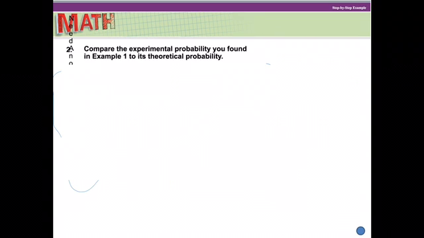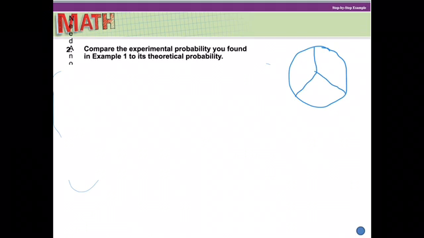So now they are asking us to compare the experimental probability that we found to its theoretical probability. The spinner that they told us about in problem number 1 has 3 separate sections of blue, red, and green.